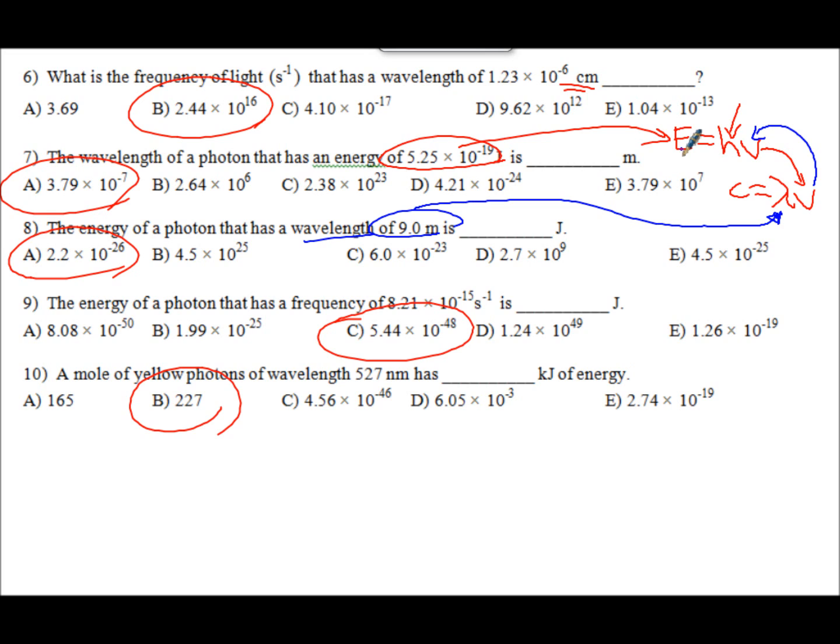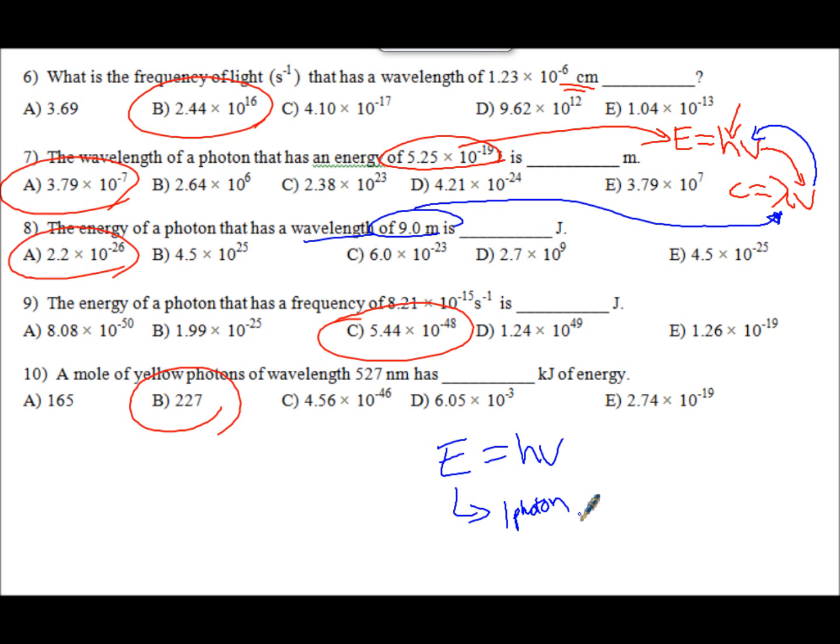And number 10, a mole of yellow photons has how many kilojoules of energy? This equation, E is equal to h nu, is for 1 photon. So that's per photon.